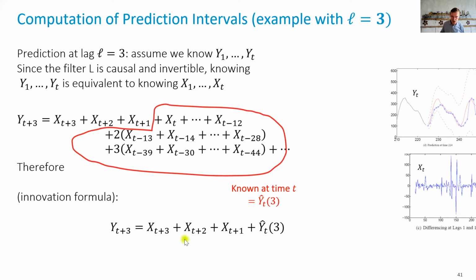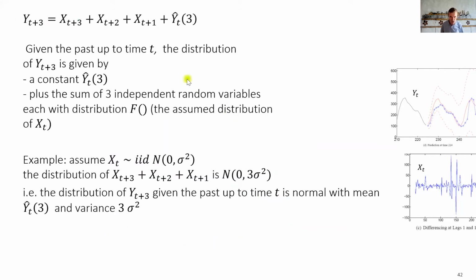And this is the basis for computing prediction intervals, because now, if I condition upon the past up to and including the present time t, then we see that the future thing is given by random things plus something that is known here.